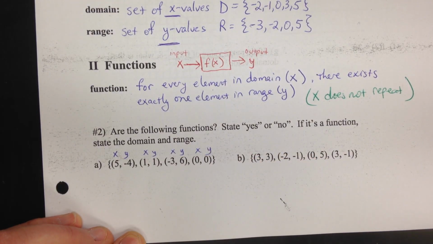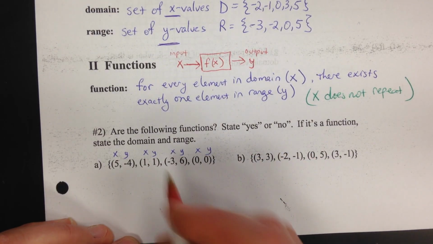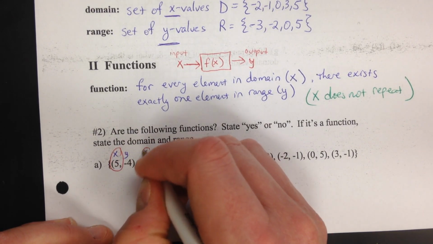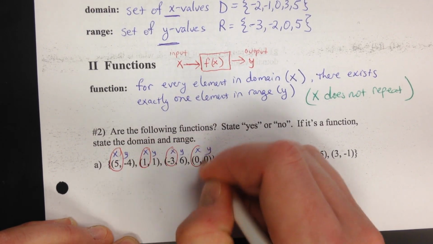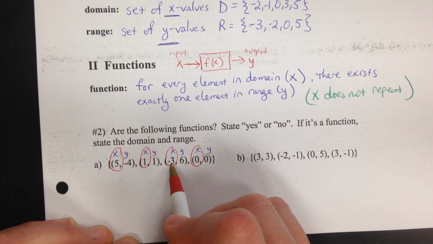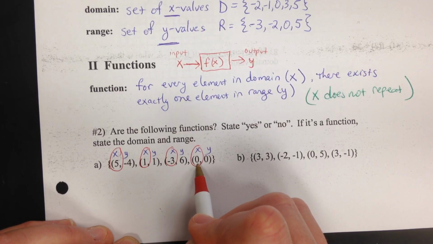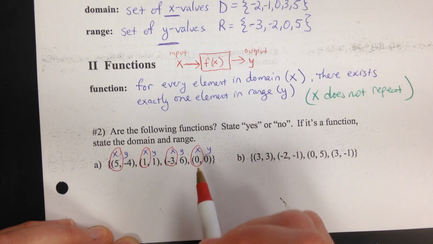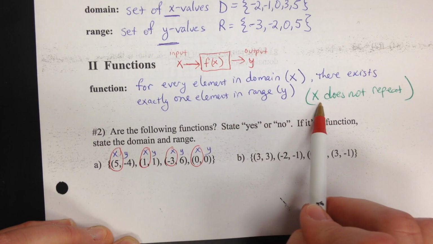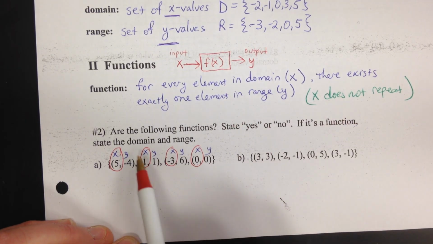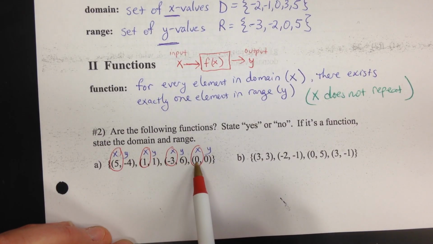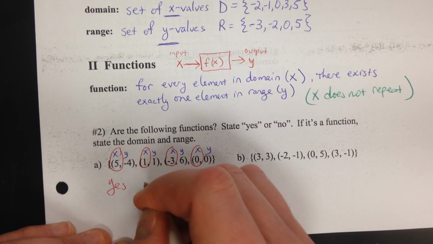Now we only need to focus on the domain, so just the x values. 5, 1, -3, 0. Notice that they're all different. Now, to be a function, x cannot repeat. In this case, these are all different, so yes, we would say yes, it's a function.